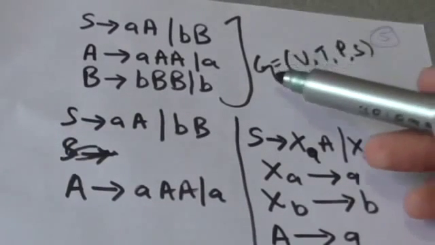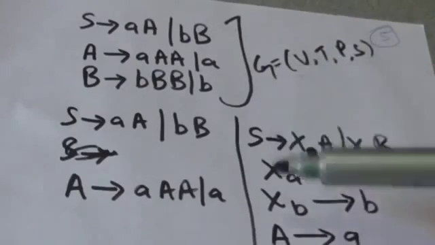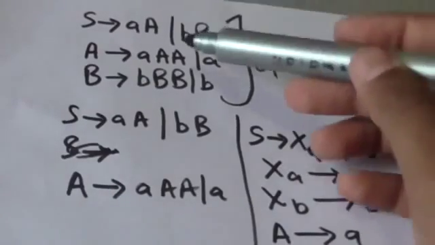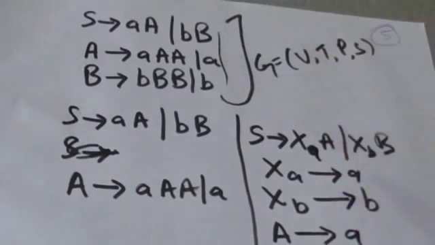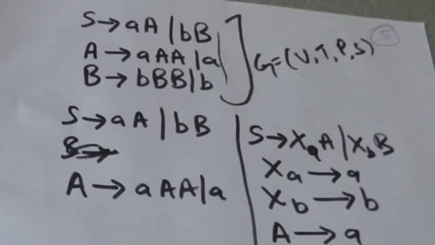Now we have to convert this grammar G into CNF. This grammar G, see its productions. They don't have any empty production. So first of all, since it doesn't have any empty production, it can be transformed into CNF, right? We can convert it into CNF without affecting its language.